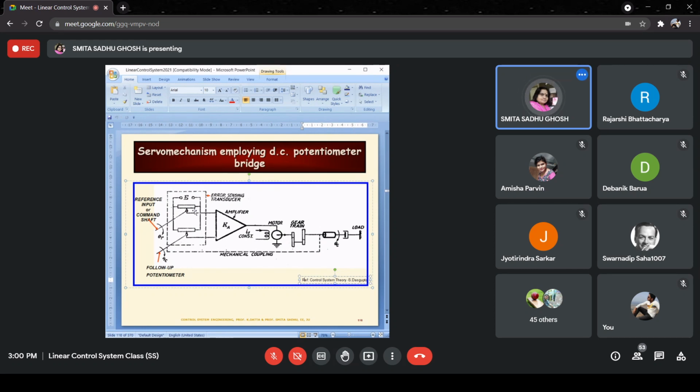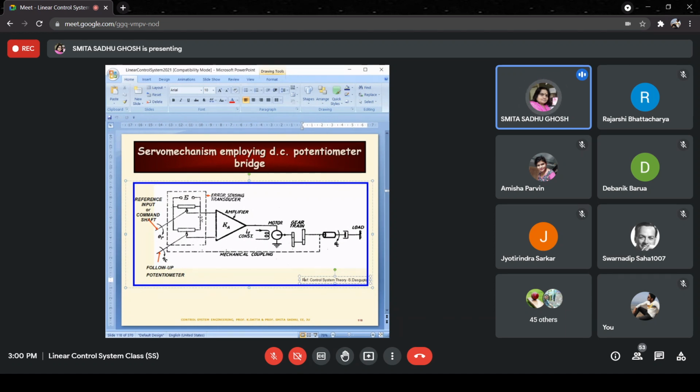So here, this potentiometer is acting as an error detector. If I were to ask you to draw the block diagram, the error sensing transducer or error detector would be drawn. You have a reference input, then some other elements in the forward path, and then the output or the load, right? And then there is also a feedback which is coming in.